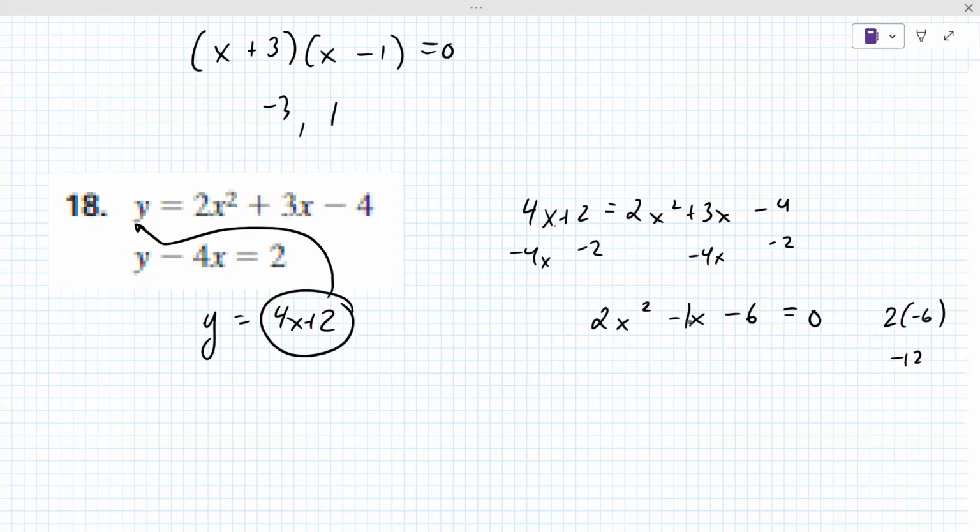Okay, so what would that be? -4 and 3. Okay, good. So it's 2x squared minus 4x plus 3x minus 6. And from here you use grouping.